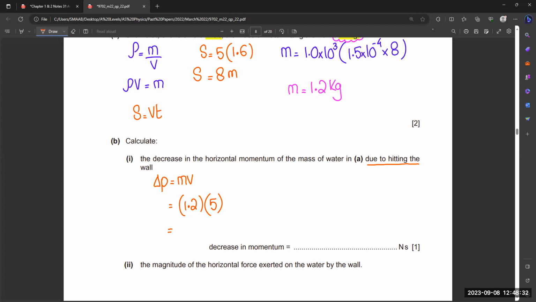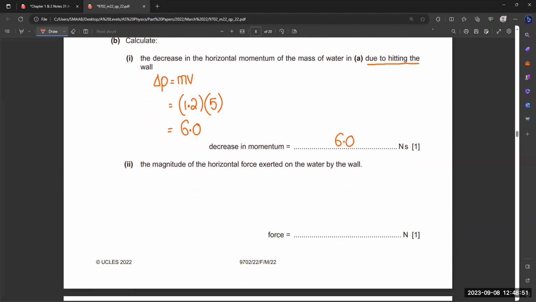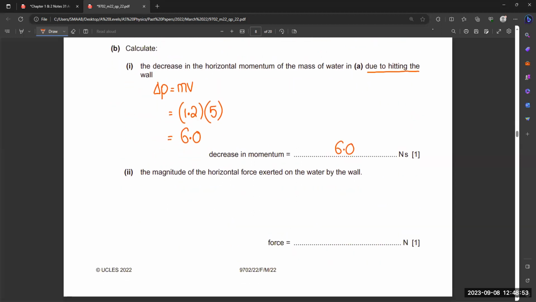So for the first part, you just need to use the basic formula, that will be equal to 6.0, right? And we are writing 6.0 because we know the concept of two significant figures. In the next part, they are asking about the horizontal force. So now you have to use that formula.